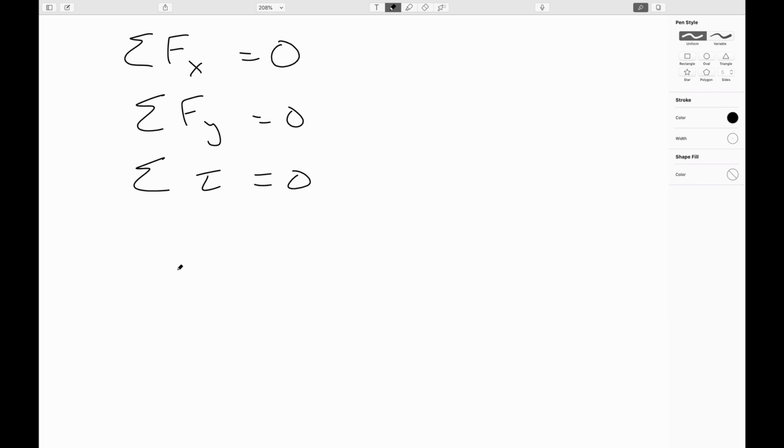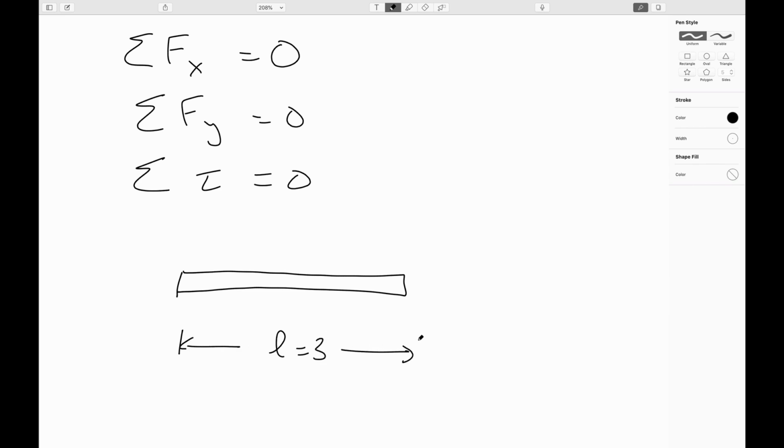And I'll mix it up a little bit from the last time. This time, I'm going to say that we know that the teeter-totter is 3 meters long. Before, we basically had it that the teeter-totter was whatever length was required. But here, let's say it is 3 meters long. And again, it'll be the same deal.